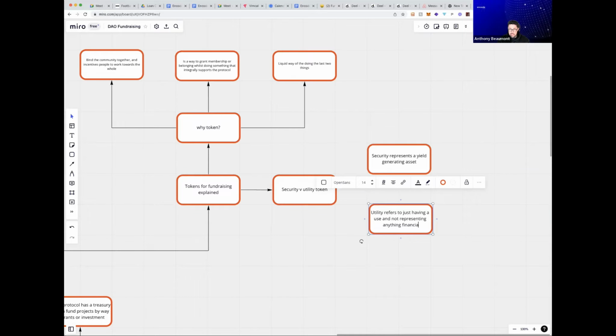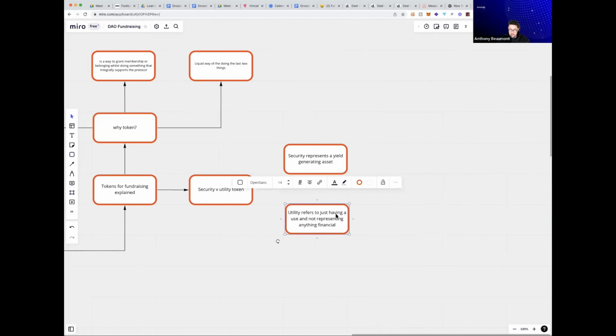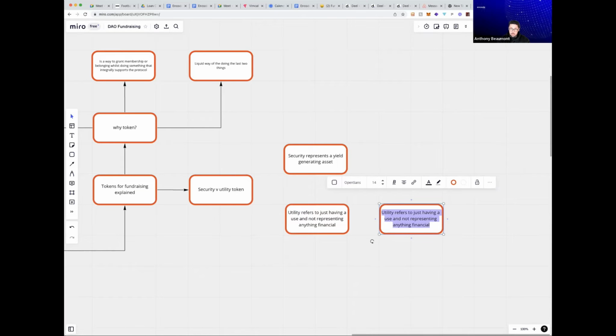Now, the crucial thing to say is you might be like, well, Anthony, I've seen utility tokens, they have value. So we can put a value on this utility, but this utility in and of itself does not have value. I can say it is valuable to be able to use this in this way, but it is valuable to have a key that opens a door, yet opening a door is not itself something that gets me money.